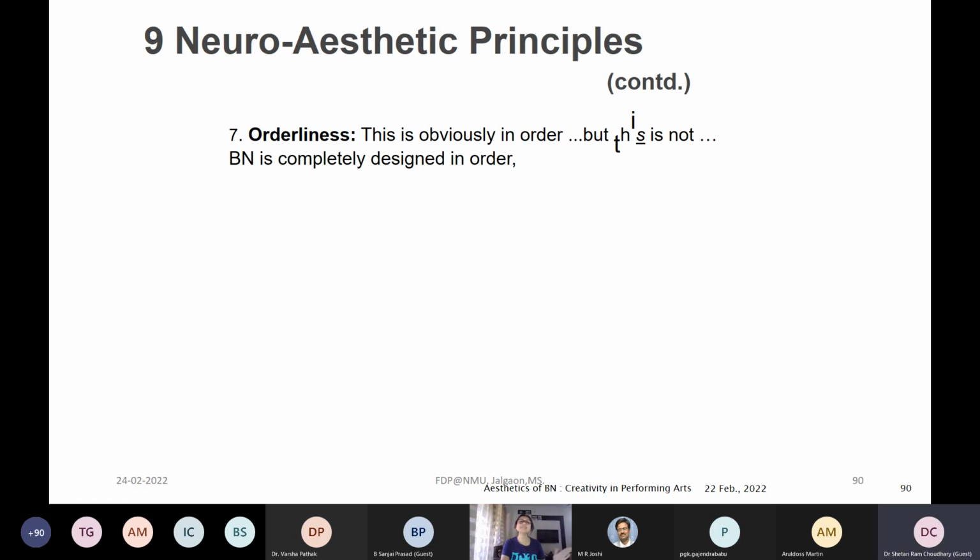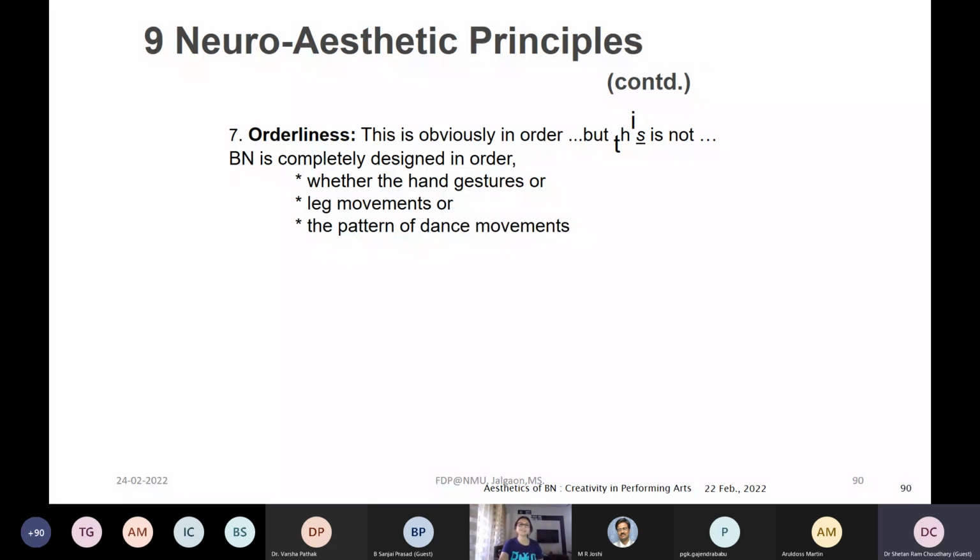Whenever you move from one to another, it is so beautifully and scientifically designed that orderliness helps the dancer and also the audience who is watching. Whether it is the hand gestures or the leg movements, the pattern of dance movements, everything is in order.